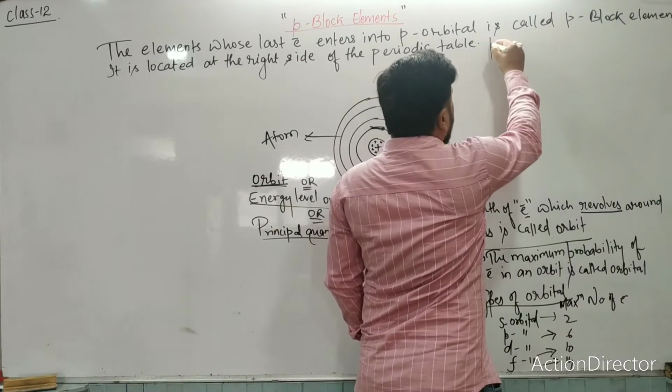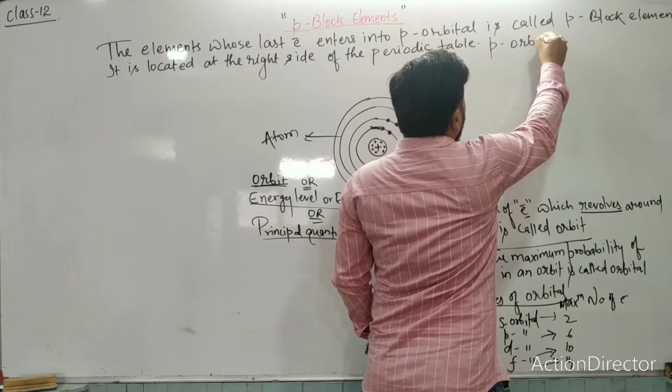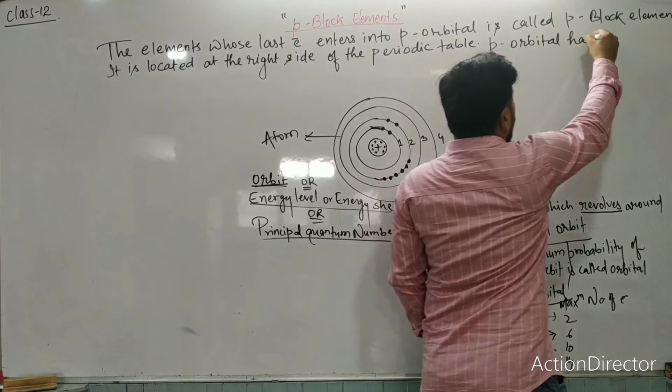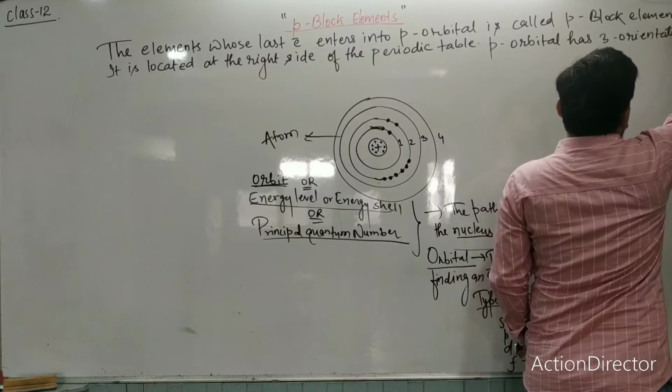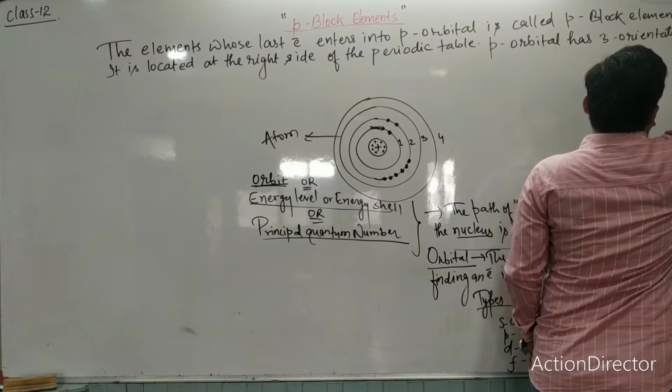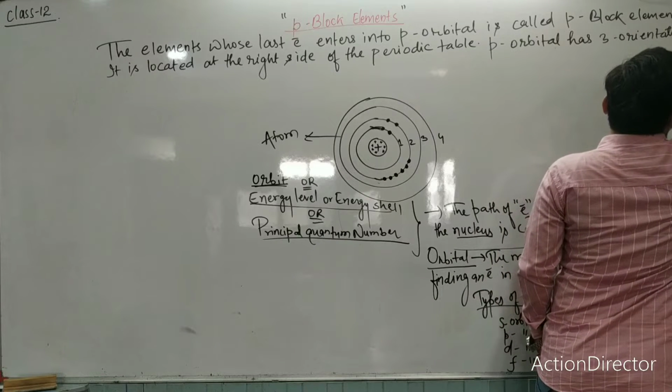P orbital has 3 orientations: Px, Py and Pz.